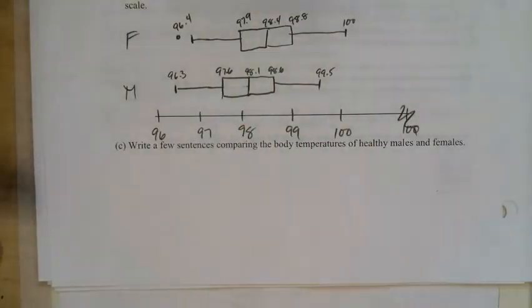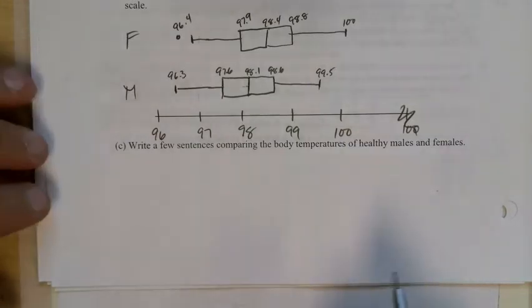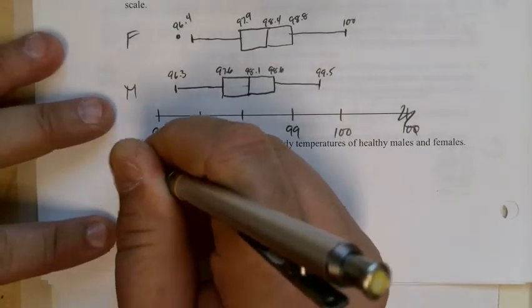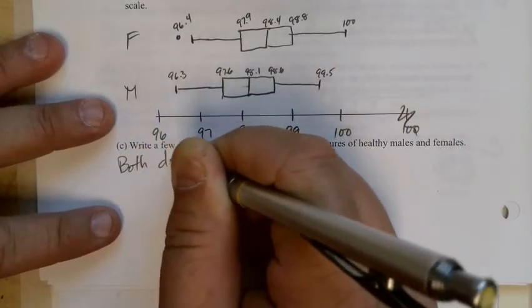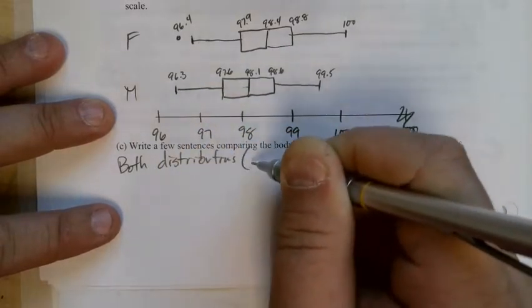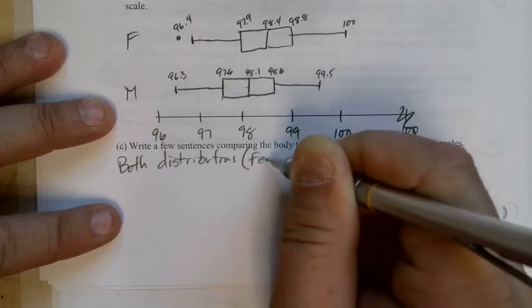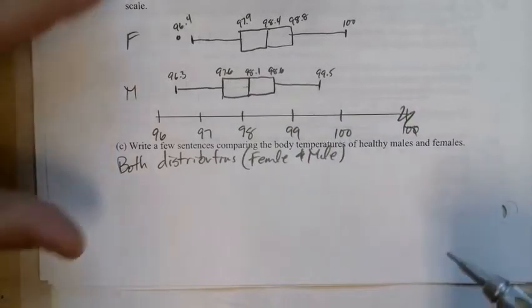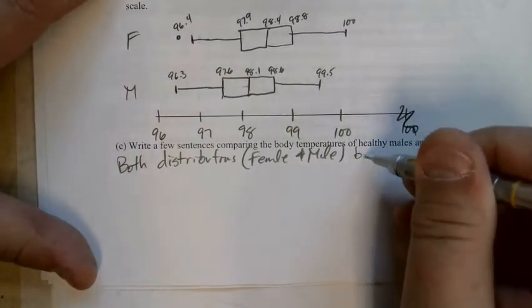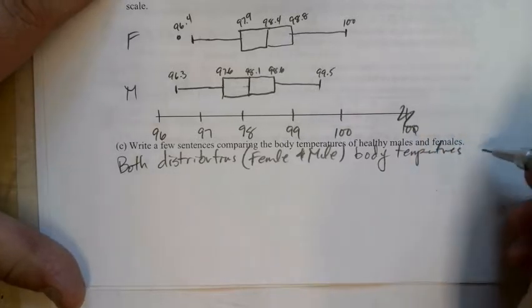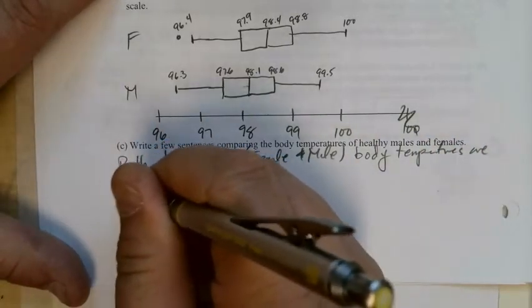Okay, this is where you better dang well see your socks. Okay, so I'm looking at these, and I'm going to say, both distributions, female and male body temperatures, are fairly symmetric.